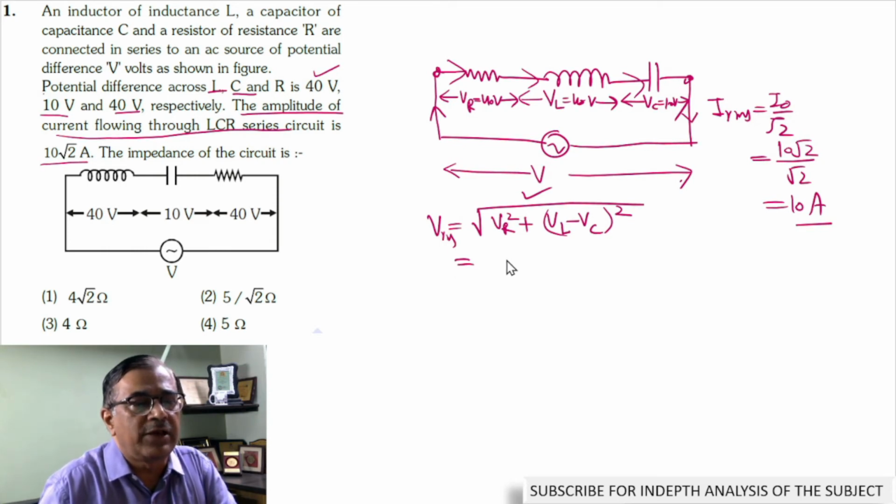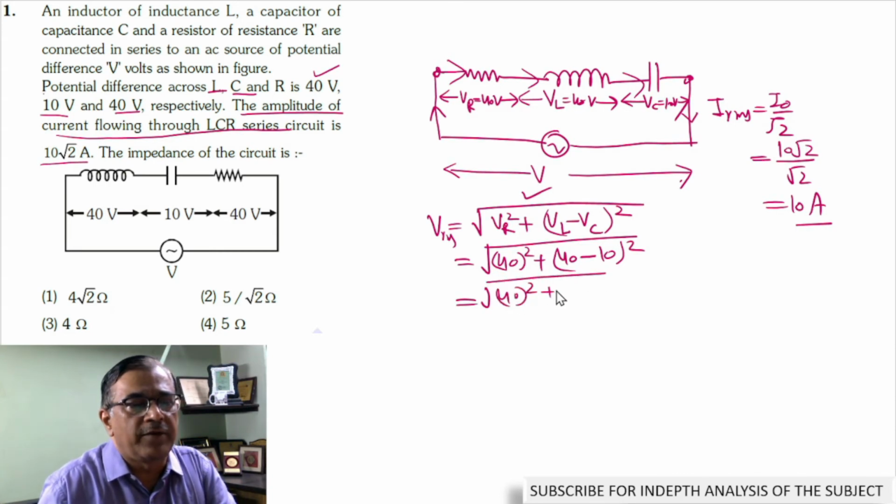Substituting the values, this is equal to the square root of 40 square plus (40 minus 10) whole square, which is 40 square plus 30 square, and hence this value is 50 volts.